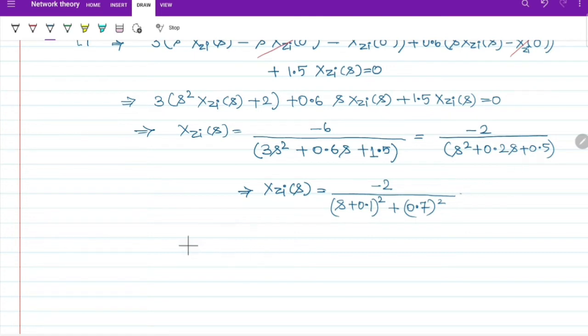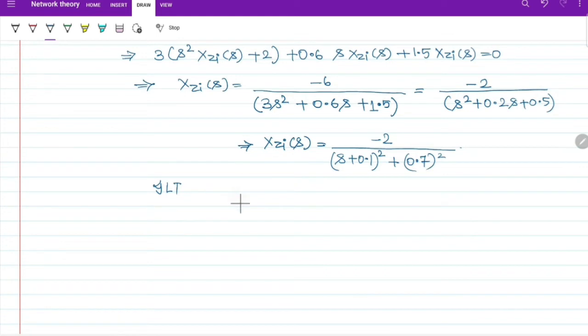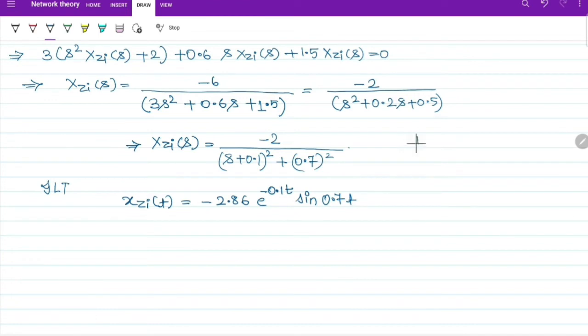Now while taking the inverse Laplace transformation of this equation, we can write x_zi(t) = -2.86 e^(-0.1t) sin(0.7t). Because omega divided by s² + omega² is nothing but sin(omega t), this is the inverse Laplace transformation of omega by s² + omega².